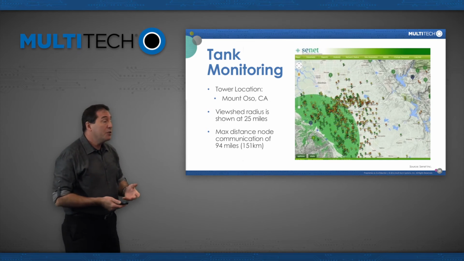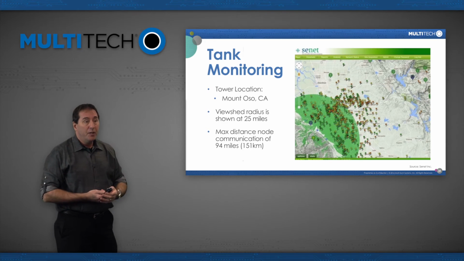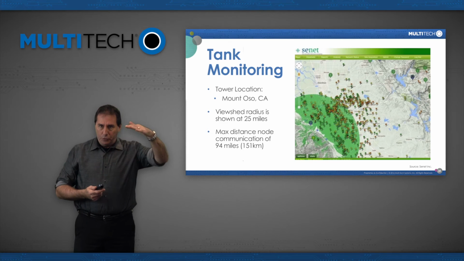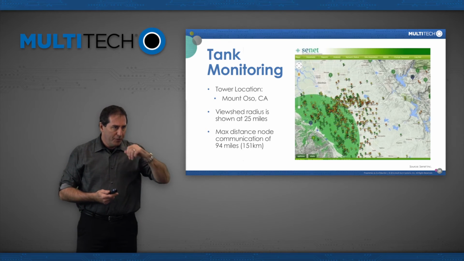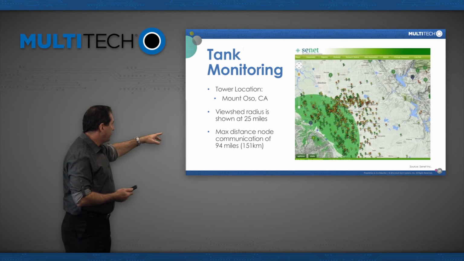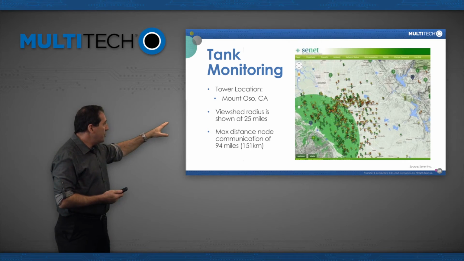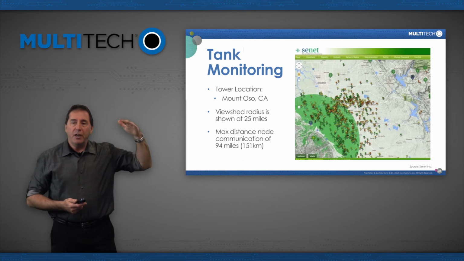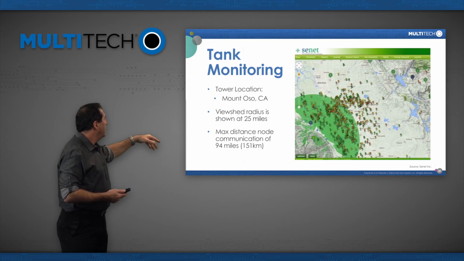One of them is tank monitoring. This is an example from the northern part of California, just south of San Francisco, the Silicon Valley area. They put a gateway on top of Mount Oso, so it's kind of high up there.